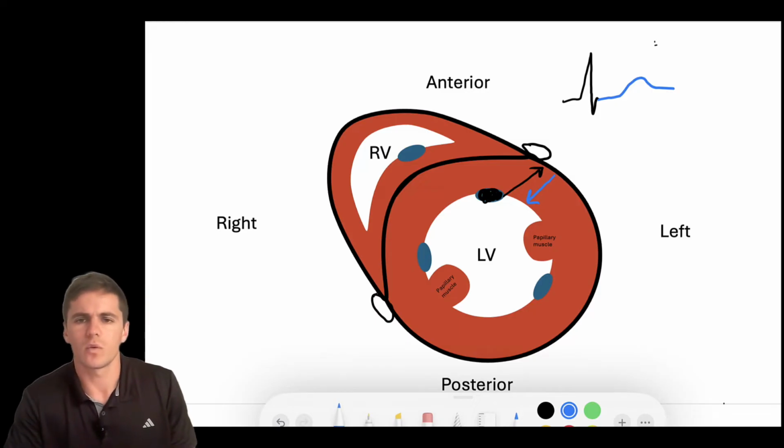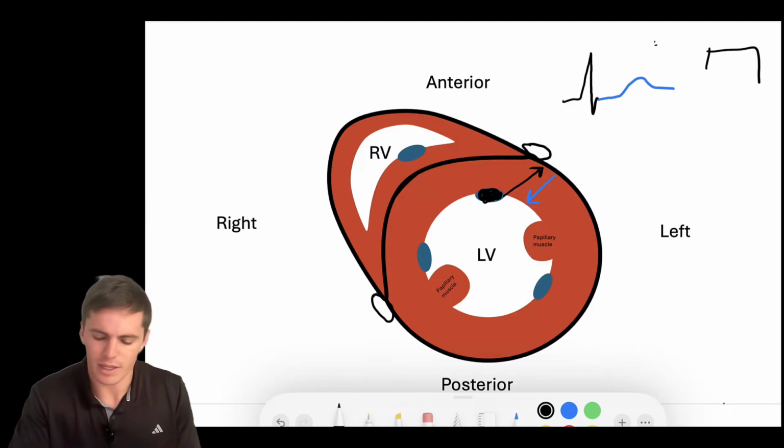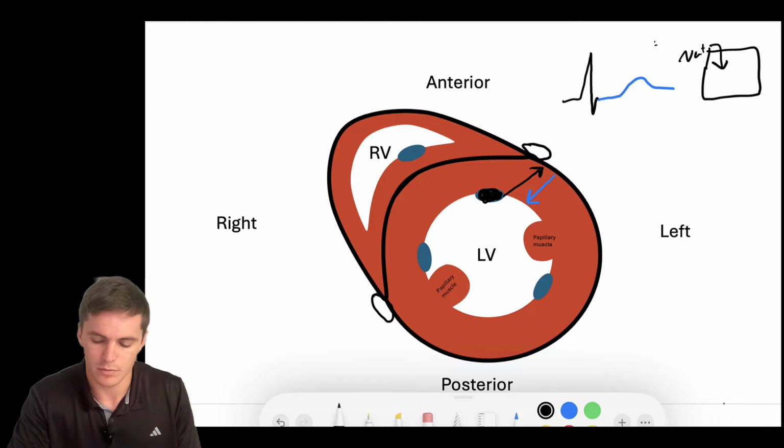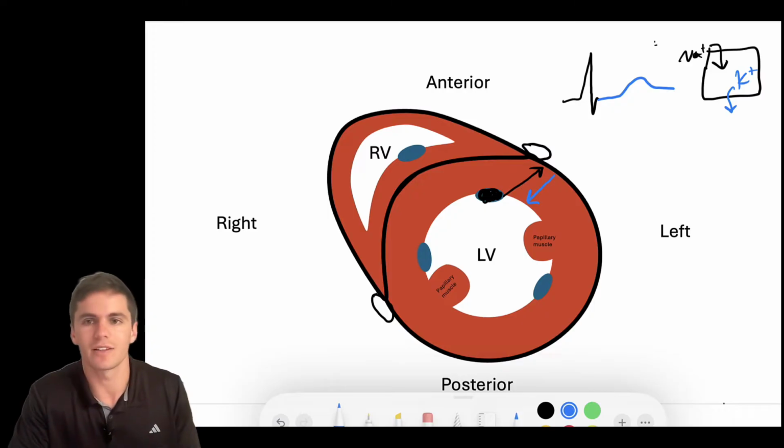And remembering why the QRS and T wave are in the same direction, even though these electrical events are opposite, is important. So remember that in a normal cell, here's our cell, depolarization is sodium rushing into that cell. Repolarization is potassium rushing out of the cell, right?